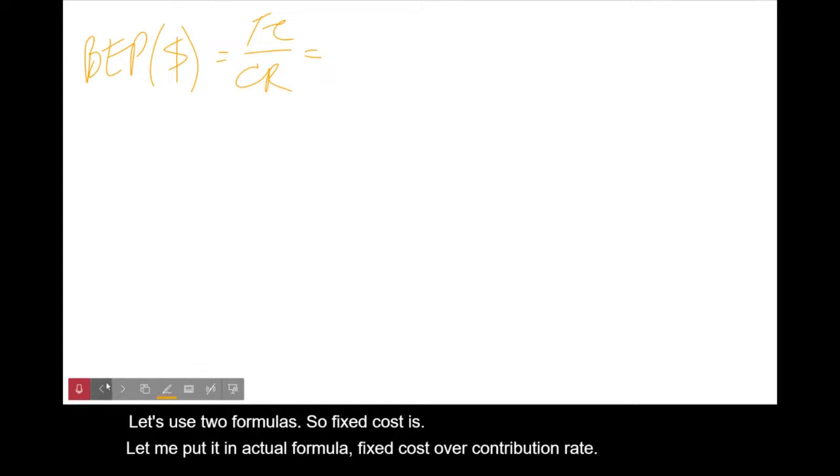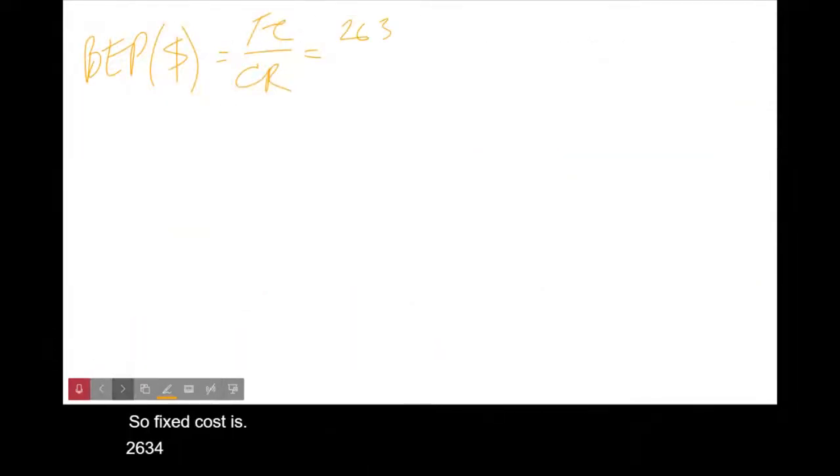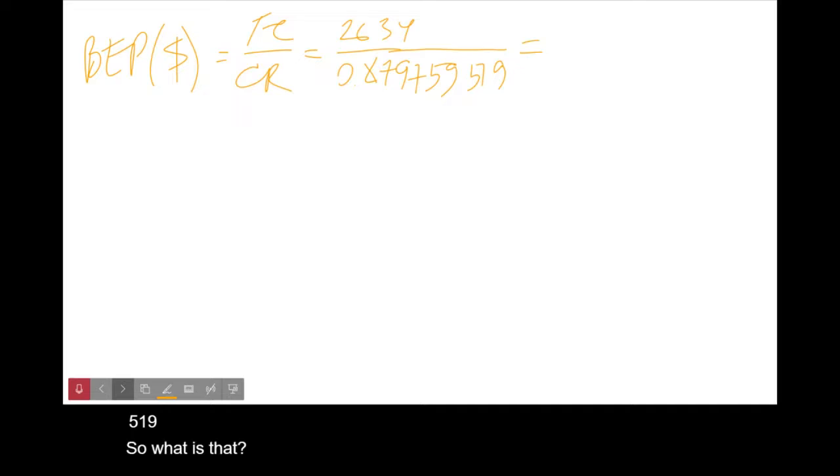So fixed cost is 2634 and contribution rate is 0.879759. So what is that? $2,994.